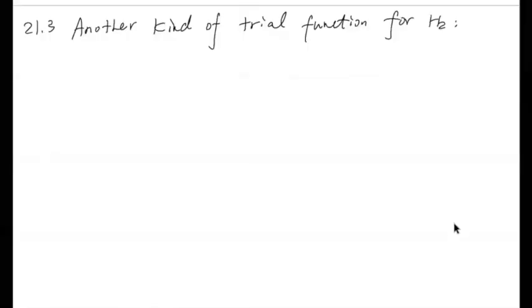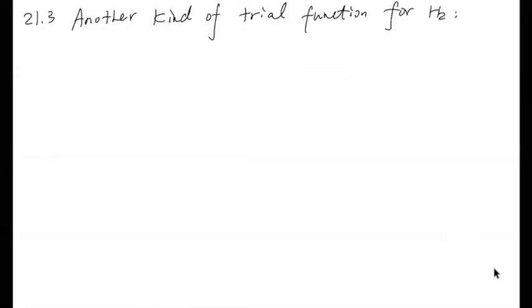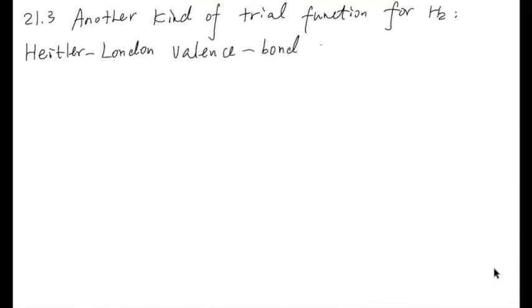So we can consider another kind of trial function. And this is the so-called Heitler-London valence bond wave function. This is not molecular orbital theory.